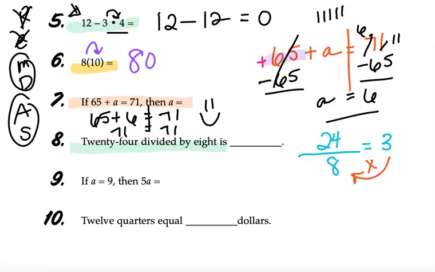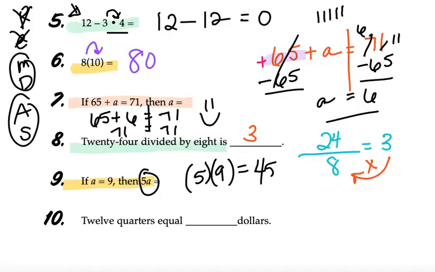So you can do a little bit of backward and forward with the opposite operation to check your work. All right. Next up, we have if A is equal to 9, then 5 times A. Once again, you read this as 5 times A. So when I substitute in the value of 9 for A, it now becomes 5 times 9, which is 45.